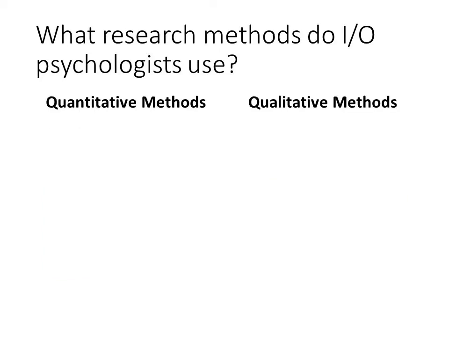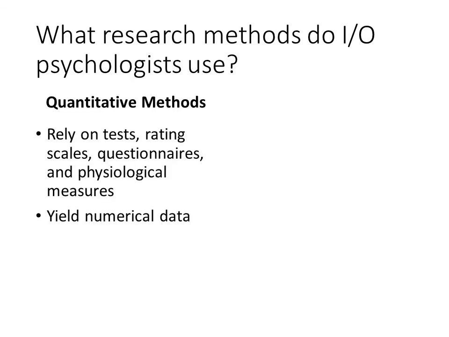Once we pick a design, then we need to think about what type of methods we'd like to use. There are 2 major categories of research methods: quantitative and qualitative. Think quantity versus quality. Quantitative methods rely on things like tests, rating scales, questionnaires, and physiological measures.